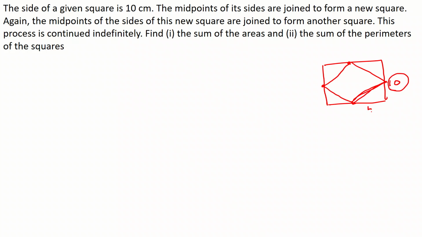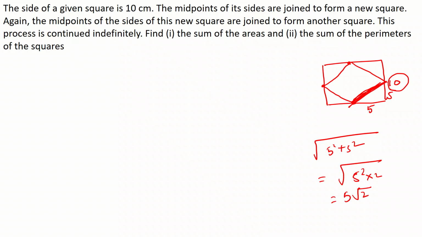This is a midpoint, so this is 5 and this is 5, and this is the hypotenuse. By Pythagoras theorem, perpendicular square plus base square is equal to hypotenuse square, so the hypotenuse is root over 5 square into 2, which is 5 root 2.